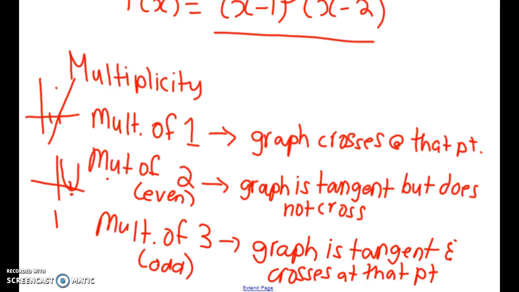In the equation we had up here, we didn't have a multiplicity of 3 because none of them had a power of 3. But if we had one with a multiplicity of 3, say this was our intercept, your picture would come right up to it and then cross. It kind of runs tangent along it and then crosses into the other side.